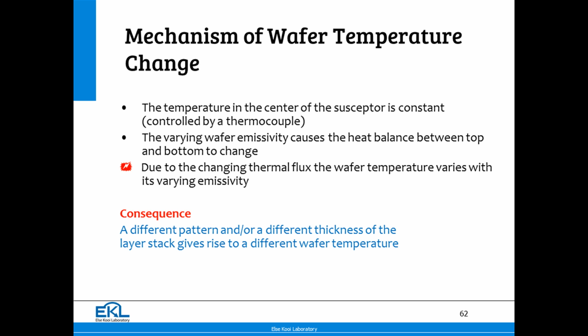And the consequence is that a different pattern or a different thickness of the layer stack gives rise to a different wafer temperature. Not so nice, but a lot less of a problem than I at some point thought it was or would be. And there are possible solutions. Why do we see this only at reduced temperature?